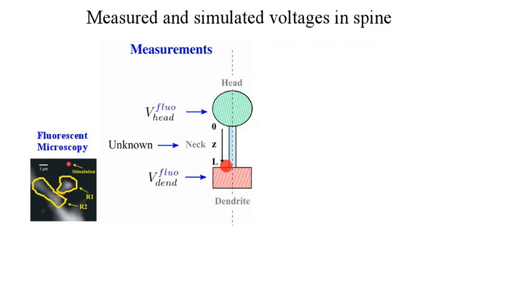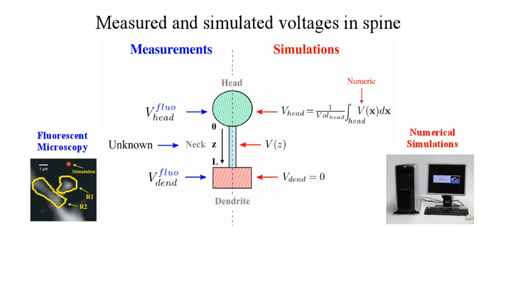And finally, we have the information about the fluorescence, the voltage that can be derived from the fluorescence inside the dendrite in region R2. And in parallel with the measurement, we can perform numerical simulation to calculate the voltage in the head once we know the voltage at each point.